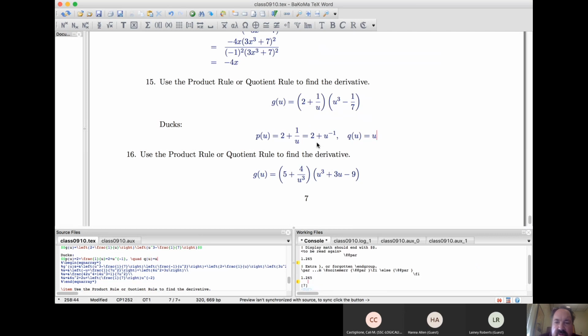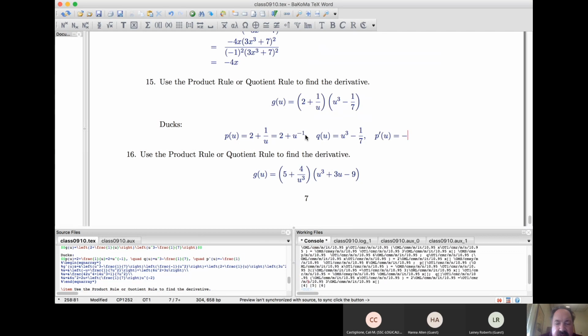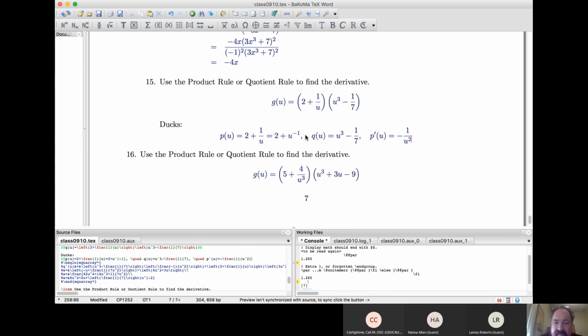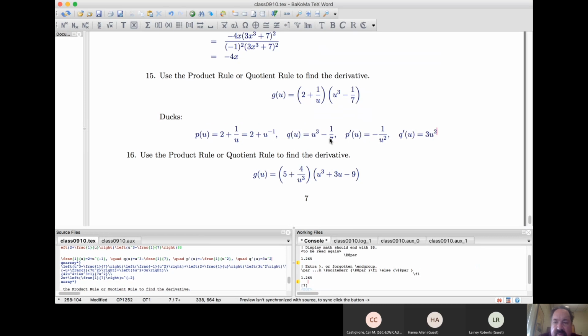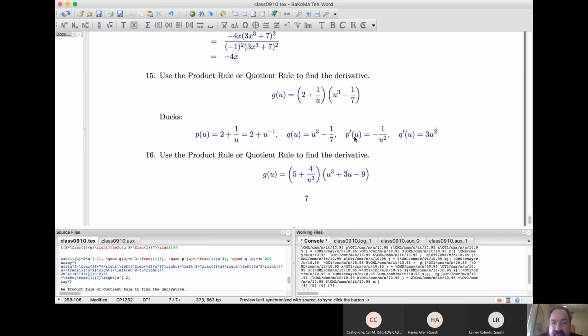Q is U cubed minus 1/7. P prime, take a derivative of this, the 2 will give us nothing. But here we have minus U to the minus 2. So that would be minus 1 over U squared, written as a fraction again. And then Q prime will just give us 3U squared.